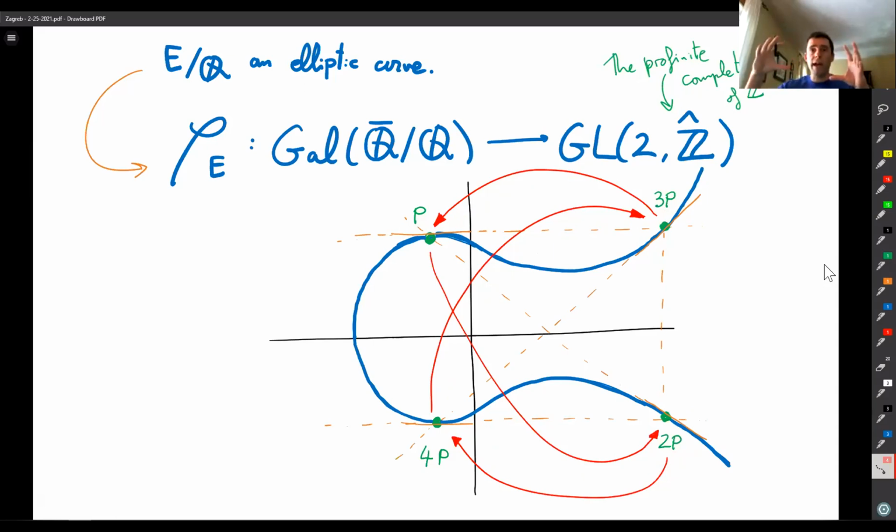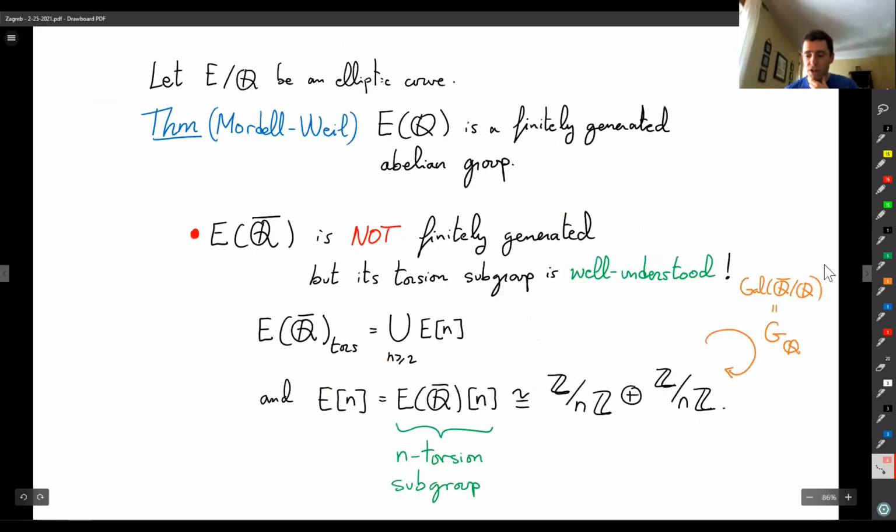And if you know all the action of Galois adelically, then you know all such actions, and then you can construct things and know things about the elliptic curve. So let me tell you what kind of things you can know about the elliptic curve if you knew these adelic representations.